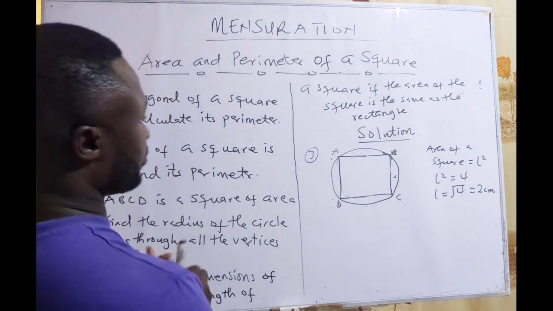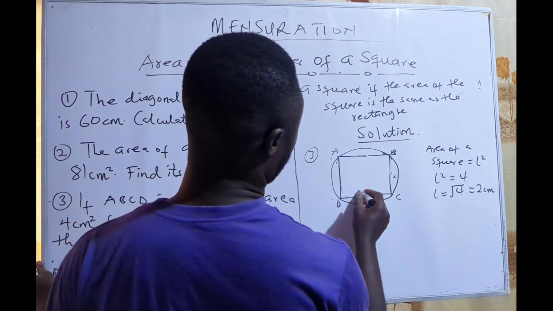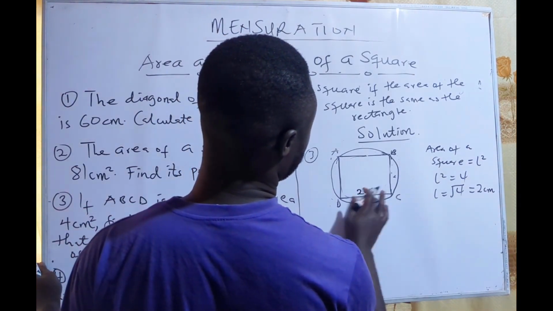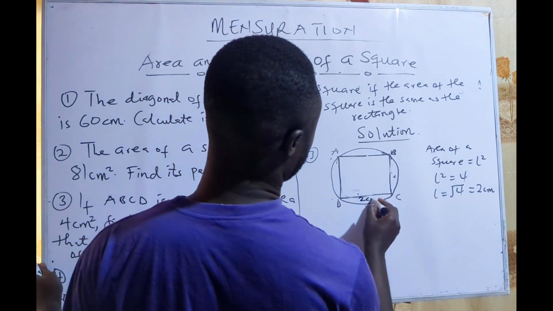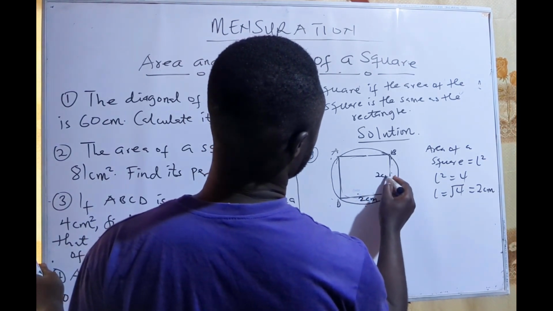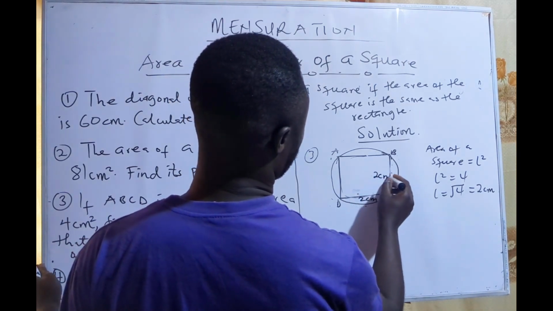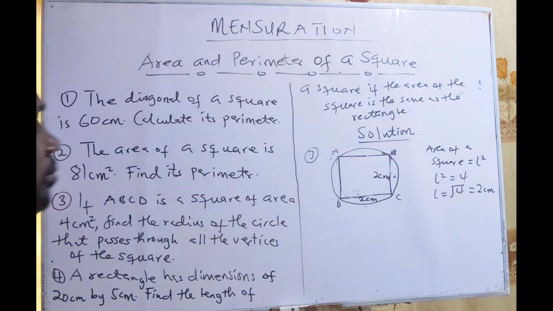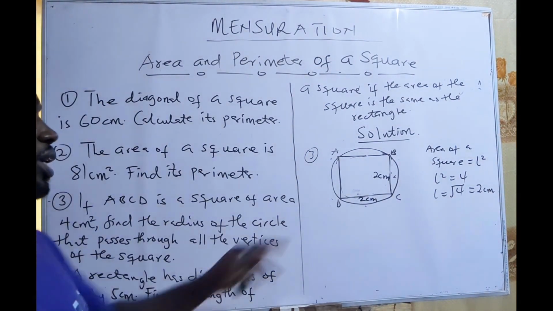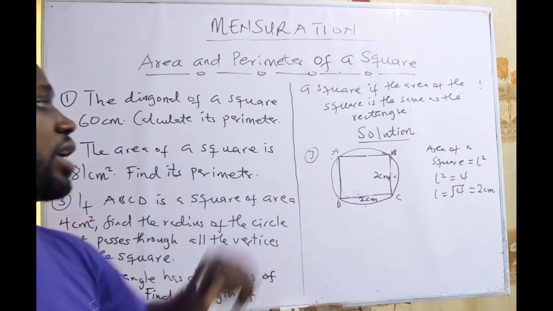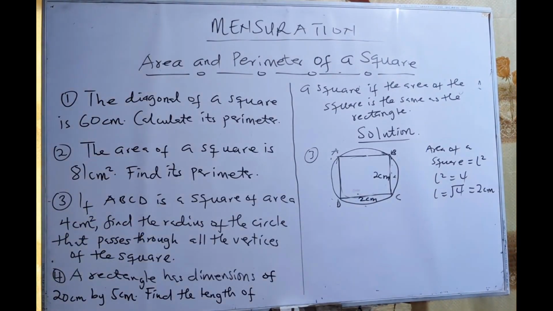So let's see how our circle is going to be. Okay. We have 2 centimeters here and 2 centimeters here. All right. And so the circle is touching all the vertices of the square.